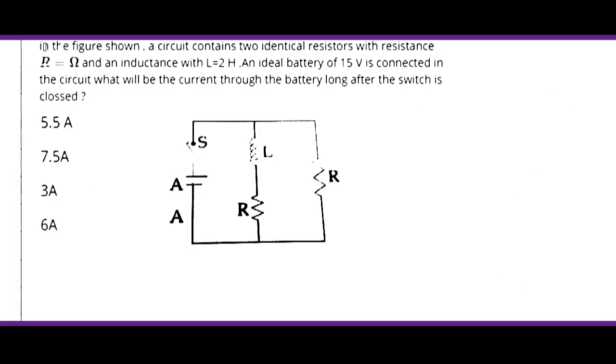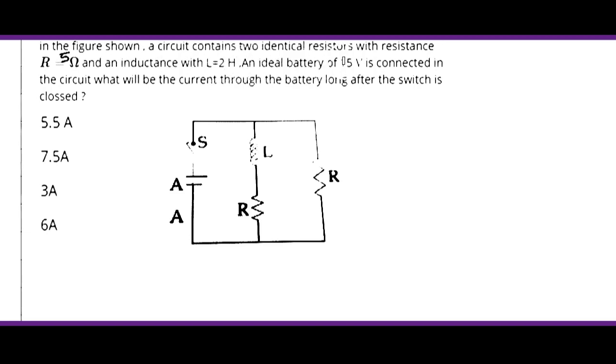Hello everyone, let's start the question. The question says that in the figure shown, a circuit contains two identical resistors with resistance R equal to 5 ohm, and an inductance with L equal to 2 Henry.